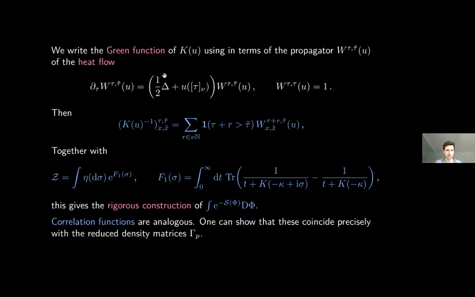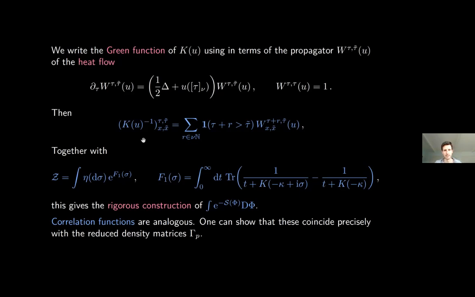It's a pretty benign heat equation, except I have this U in front. Well, benign, I mean, U might be very singular, but otherwise it's a normal heat equation. Then I summarize in blue. What I summarize in blue will be the rigorous construction of this functional integral. So this is our way of constructing this formal functional integral in a way that's completely rigorous.